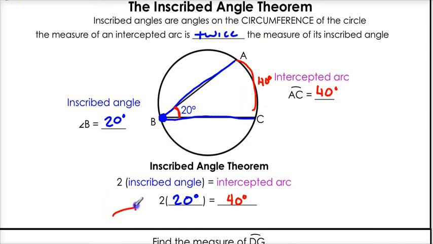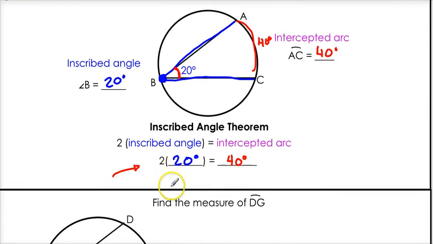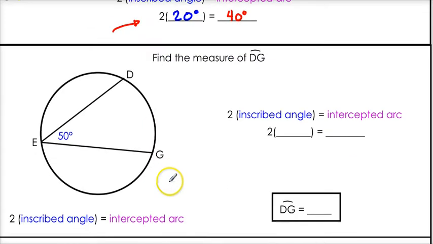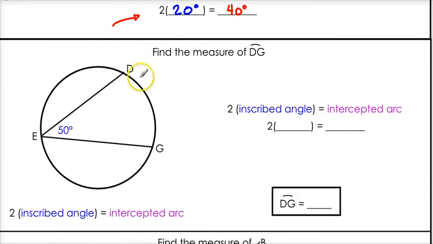Now we're going to be using this formula a lot, so keep plugging into it, okay? We're going to write this down before we do anything. In this case, we want to find the measure of arc DG, from D to G, this arc right here. Well, since this is an inscribed angle, on the circumference, we know that the arc is going to be double the inscribed angle.